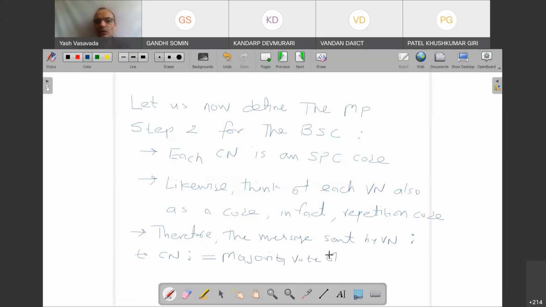Majority vote of what? All other CNs. Majority vote of dv minus 1 CN messages and the channel output. Yes, makes sense? Yes, sir.